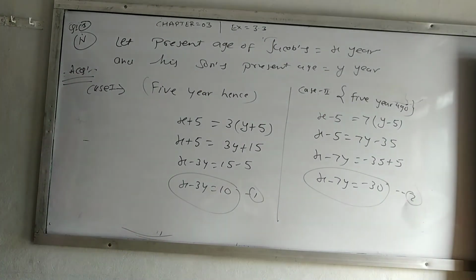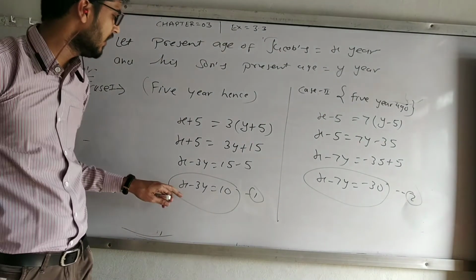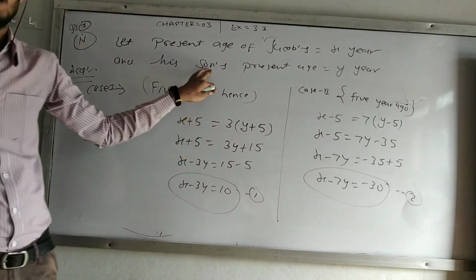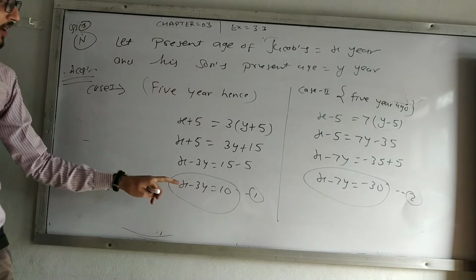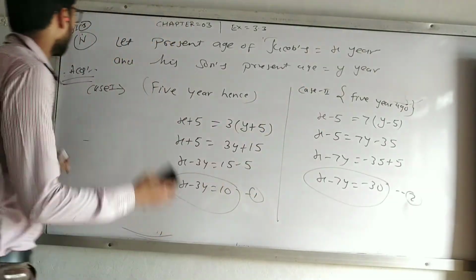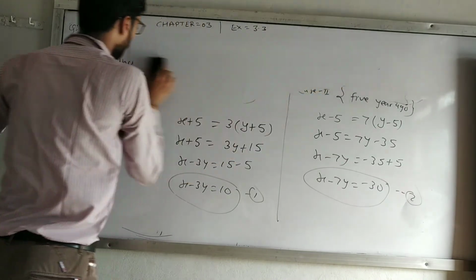Now by using the substitution method we find the present age of Jacob and the present age of his son. From equation first, we find the value of x in terms of y and put it in equation second.